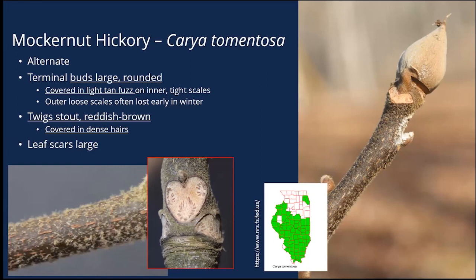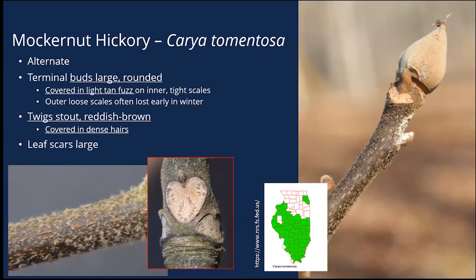You're going to have a dense fuzzy covering on the buds. The same thing for those twigs: reddish brown twigs, stout, but covered in dense hairs. And that's really what gets you for this Mockernut hickory when you're looking at the twigs. Those rounded, big buds, and then the twigs are covered in the hairs. So that's the best way to tell them apart from the rest of the hickories when you're just looking at the twigs.